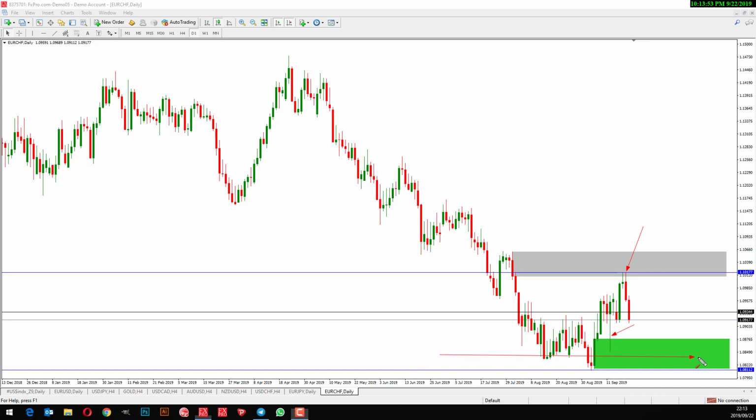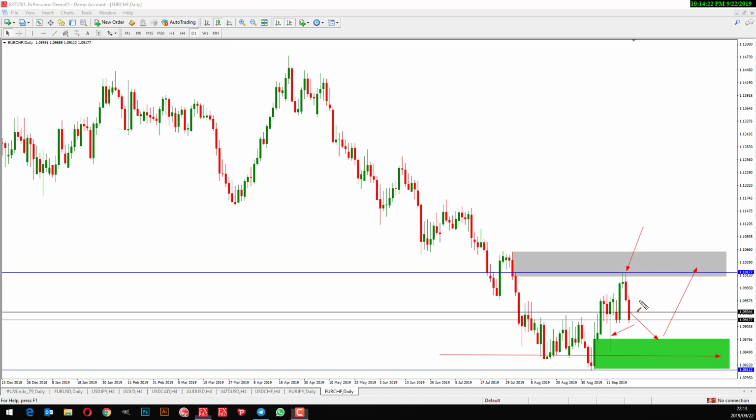This zone here, whenever price dips down into 1.0850, when price dips down into 1.0850, which is my strong demand zone on a monthly chart, so I'll be expecting price to push down and then all the way back to the short-term supply zone on my daily chart.